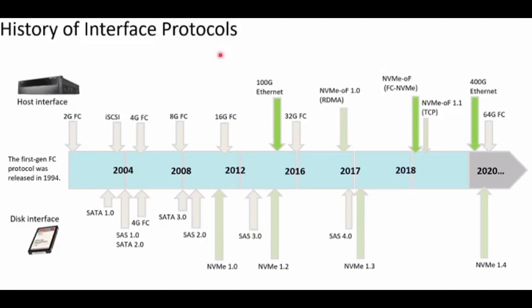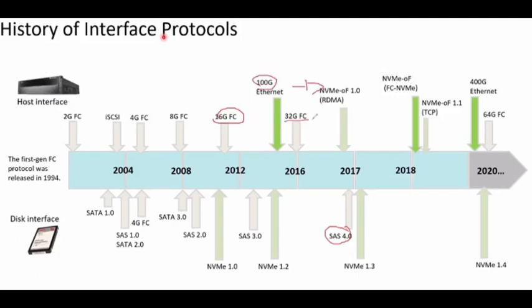So generally, we still use SAS disks. Why? Cheaper, right? SAS connections. And here we probably use fiber channel or 10 gigabit Ethernet or something like that, right? 100 gigabit Ethernet and above is still expensive.